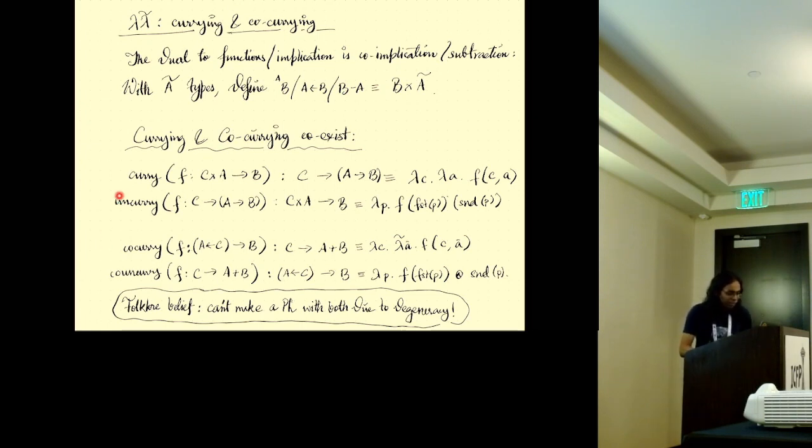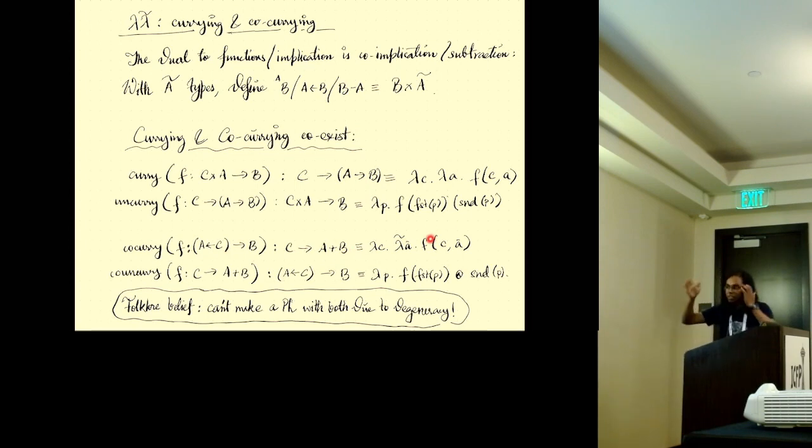So function types have curry, and subtractive types have co-curry. And so the product on the left becomes a function on the right, and a subtraction on the left becomes a sum on the right. And you can implement them using lambda and lambda bar.